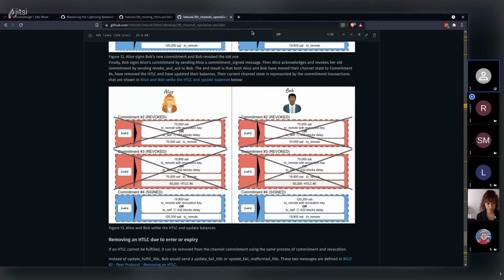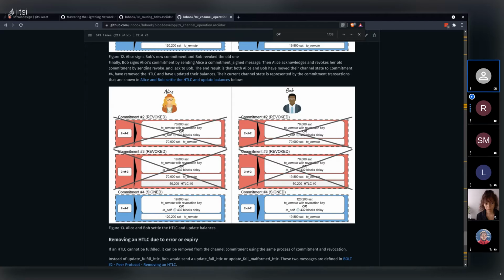The same HTLC will have the locks like the same HTLC. Let me put it, it's kind of complicated to spell out, and it goes like this.